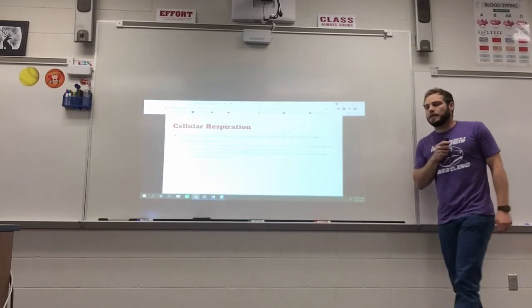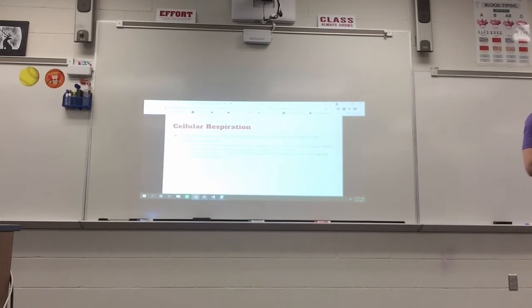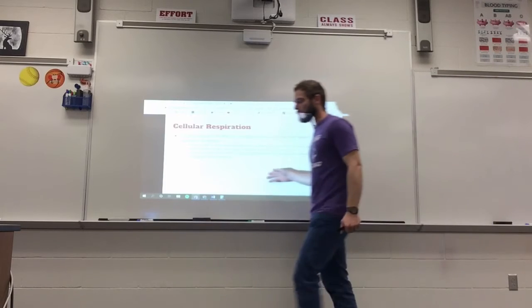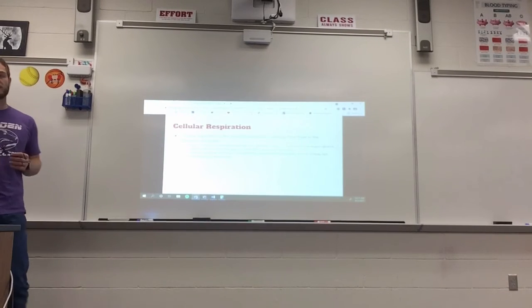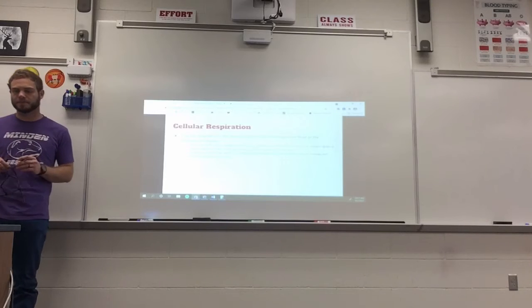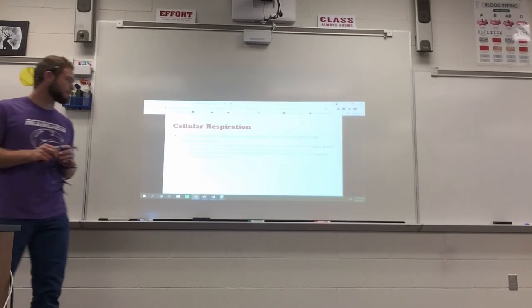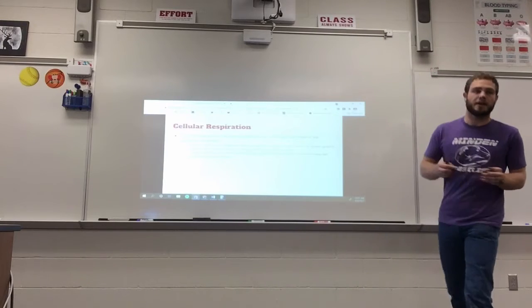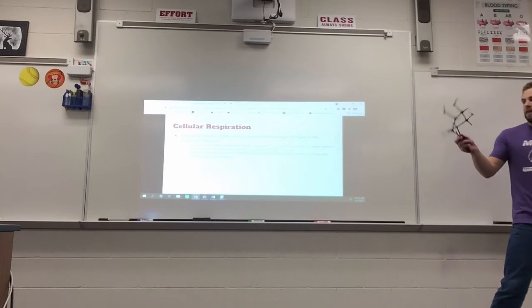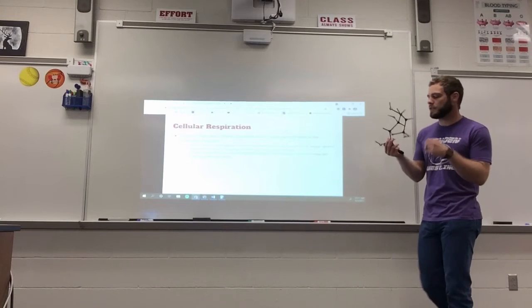Here's an important piece. Energy is stored in the bonds that hold atoms together. We kind of talked about that during our thermite video yesterday. Breaking a bond releases energy. Building a bond costs energy. The bonds keep what together? Atoms together. So I have a molecule of glucose here.